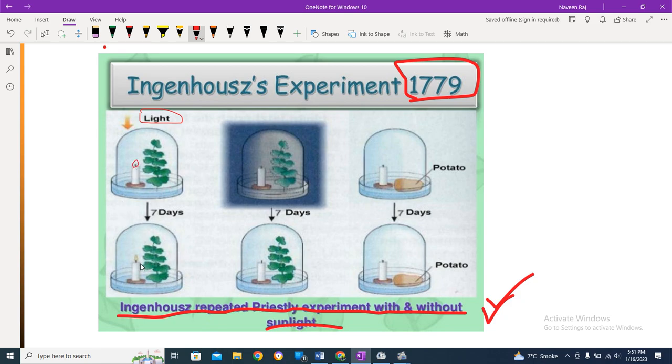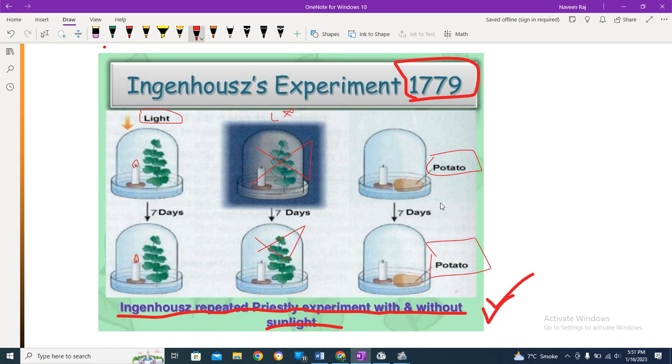After 7 days, due to the light, the candle was still burning, and in the condition where there was no light, in the dark, the candle is going to die, right? And of course we have got an example of potato. A potato is a non-living thing, right? It's a kind of fruit, and we just eat it, and it does not perform photosynthesis probably.